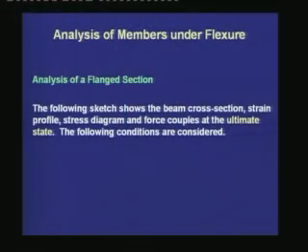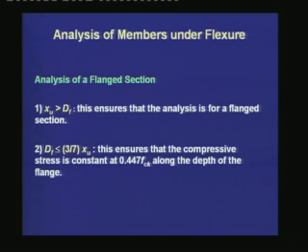Next, we are moving on to the analysis of a flange section. In the following sketch, the beam cross section, the strain profile, the stress diagram, and the force couples at the ultimate state are shown. Now, these conditions are considered. First of all, we are considering that XU is greater than TF.